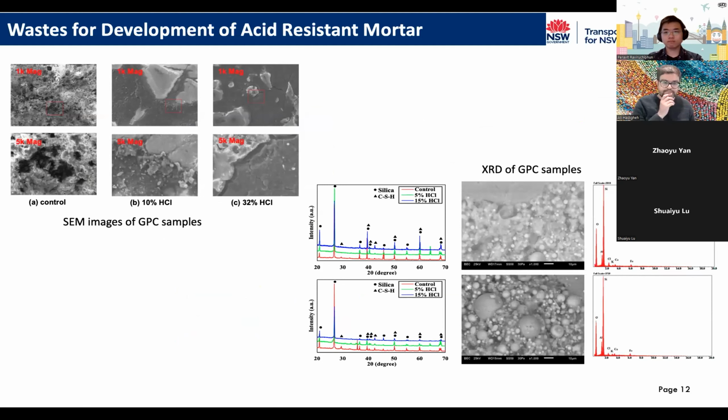We also looked at the material characterization tests, such as SEM. I think probably everyone knows what SEM is, scanning electron microscopy. You can look at samples at very small, micrometer scale, and look at how those tiny elements are interacting with each other, or if there is any crack happening within your concrete.